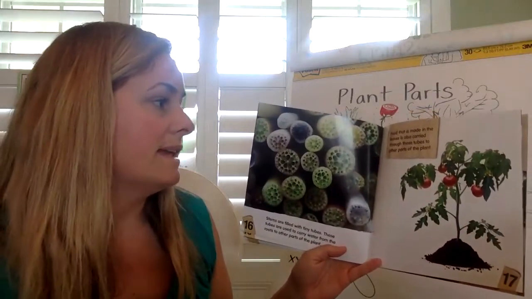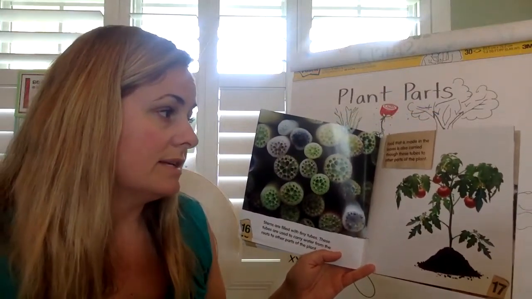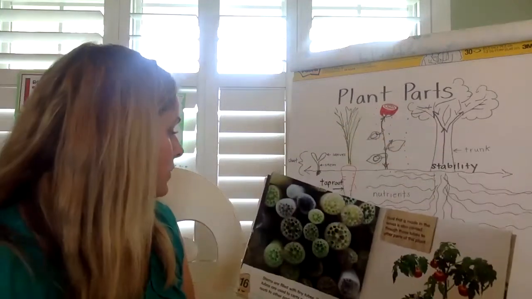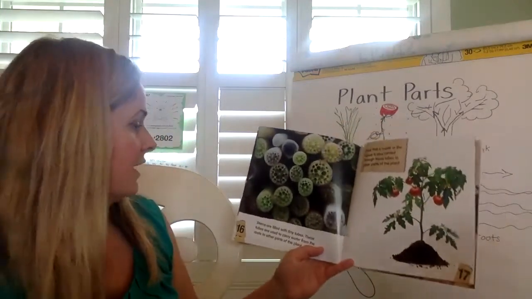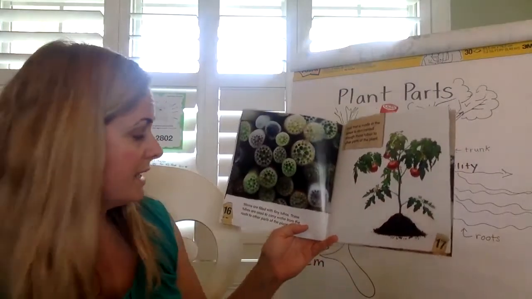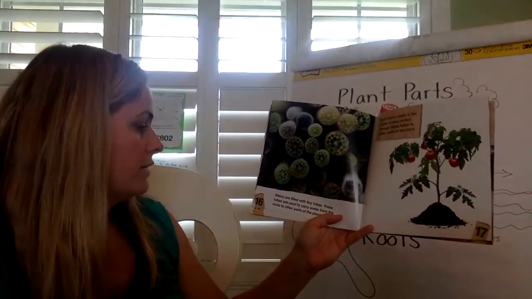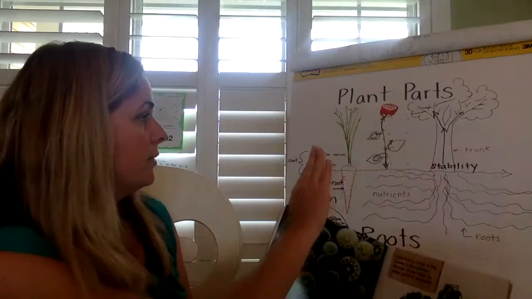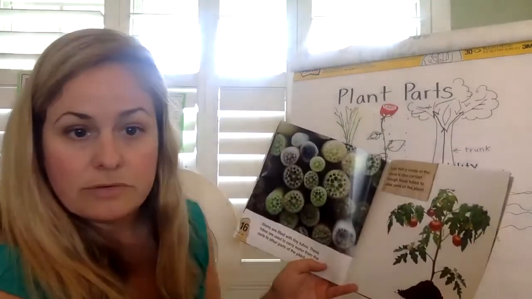Food that is made in the leaves is also carried through these tubes to other parts of the plant. So remember that the food is carried through the phloem tubes to other parts of the plant, and that the water and nutrients from the roots are carried up to the plant through the xylem tubes.